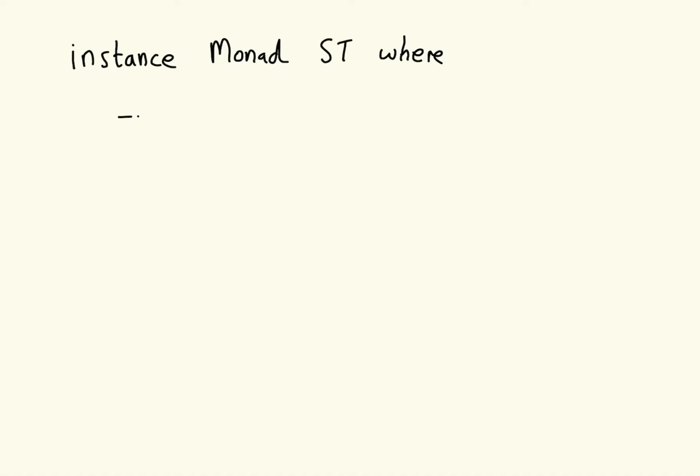I'm not going to use the default definition, return equals pure, because I want us to all understand how this is actually working. So what is the type, first of all, of return? Return simply takes in an arbitrary monad. It goes from A to M of A, but here M is the parameterized type st for state transformers. So return goes from A to st of A.